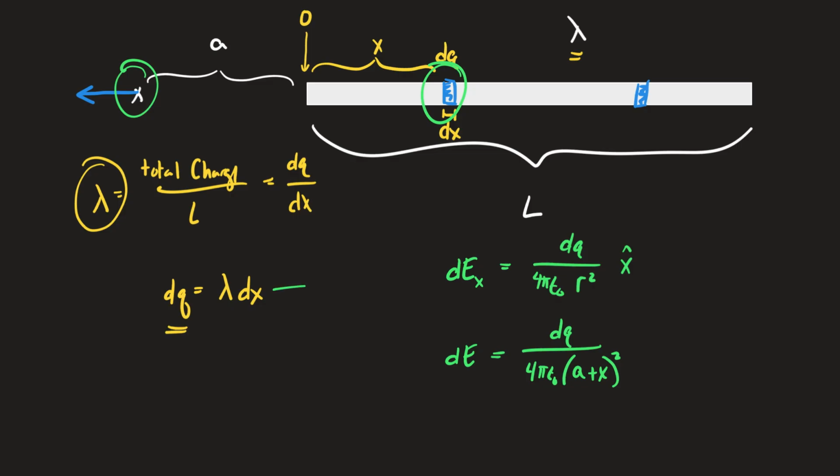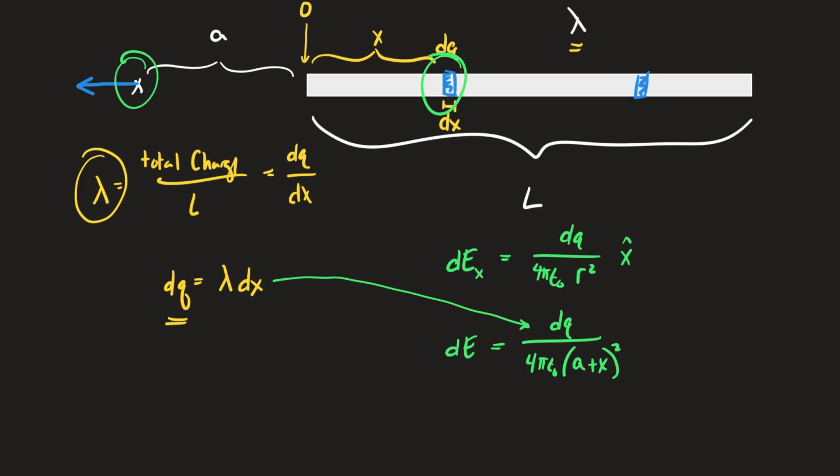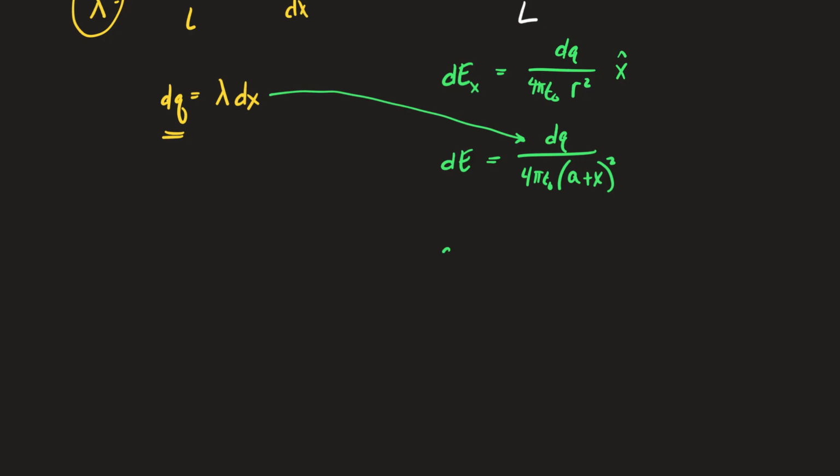I need to sub in for dq now, so I have something that I can integrate. And now I just have to integrate both sides to get the total contribution to the electric field.